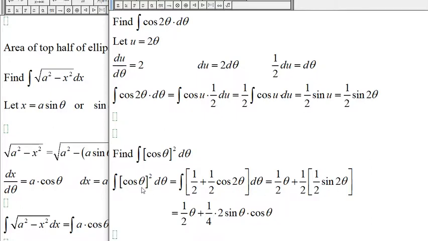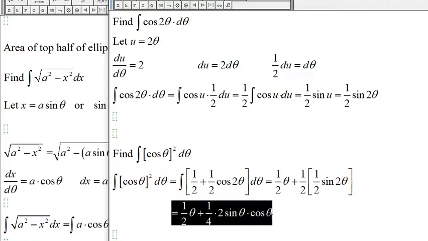So the integral of cosine squared is 1/2 theta plus a half times a half sine of 2 theta. A half times a half is a fourth. And from trigonometry, we have an identity: sine of 2 theta is the same as 2 sine theta times cosine theta.